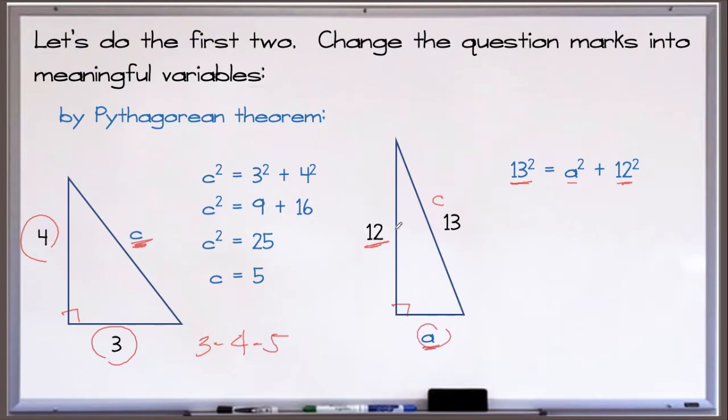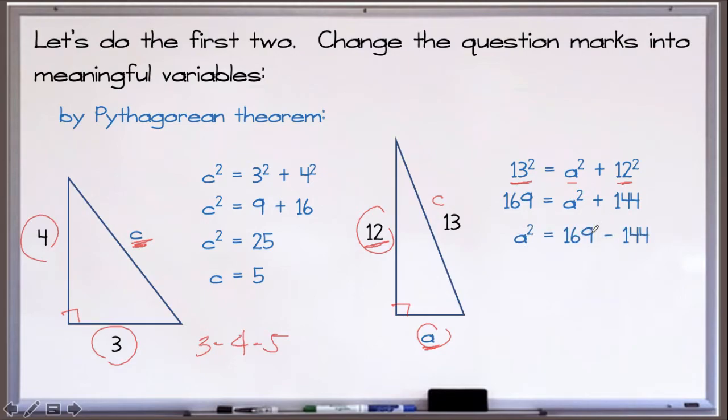So, the square of the legs A and 12 equals the square of the hypotenuse, which is this 13. Okay, next. So, using your calculator, if you want to multiply by pen and paper, 13 squared is equal to 169. A squared remains A squared as the variable, and then 12 squared is 144.